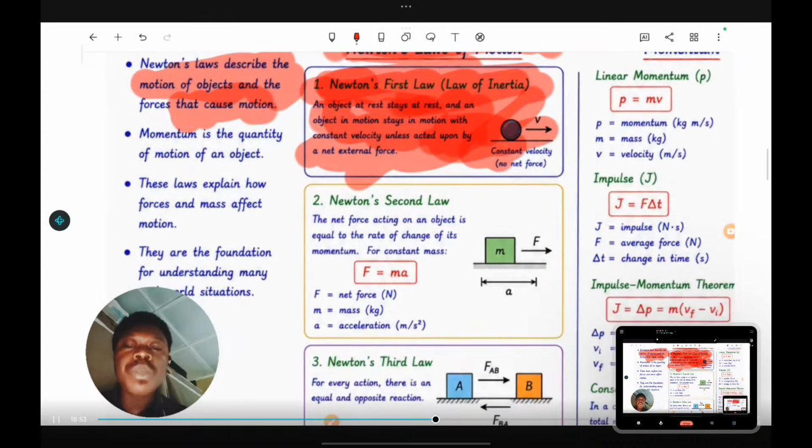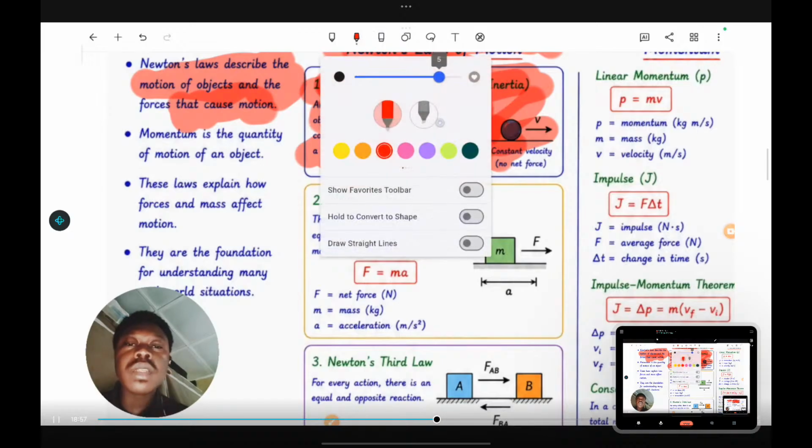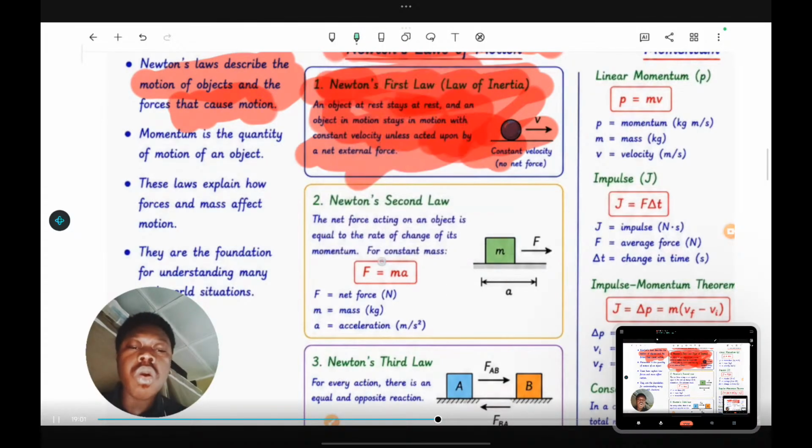Then for the second law, we now have a formula attached to it. Newton's second law states that the net force acting on an object is equal to the rate of change of its momentum. For constant mass, if the mass of the object is constant, then we have force and acceleration comes in.